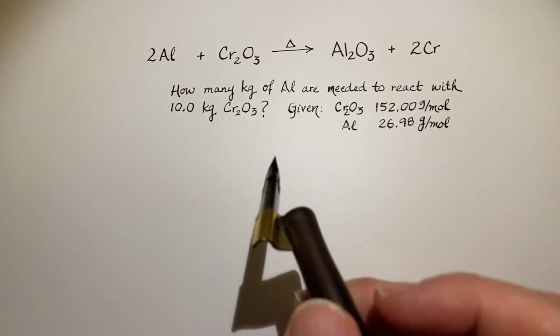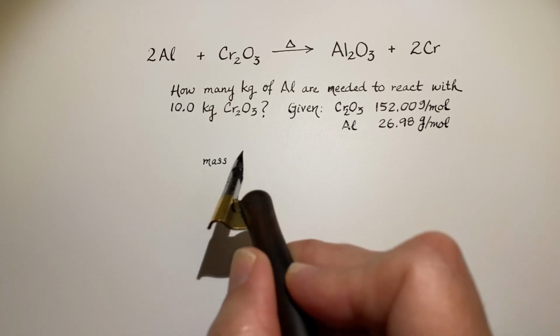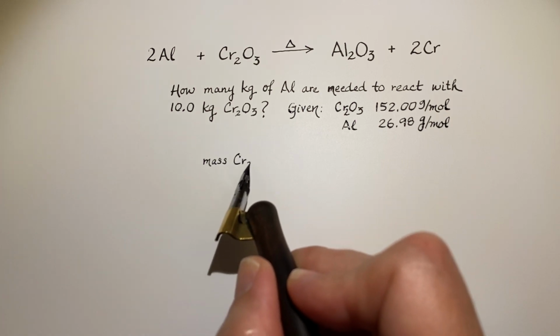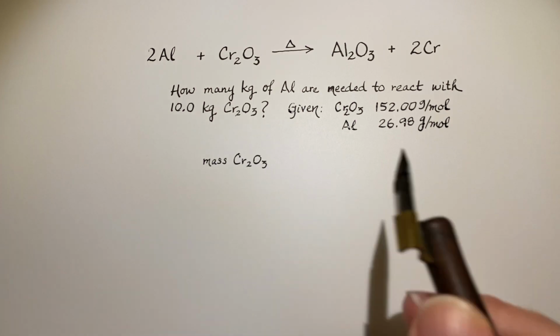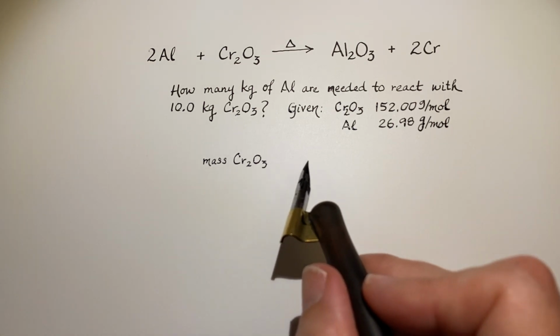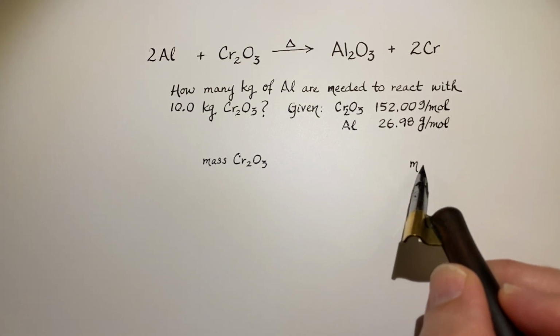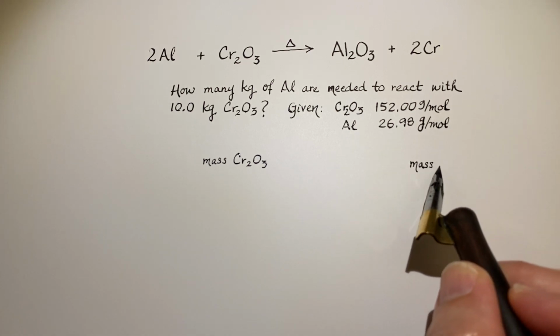We have been given the mass of chromium 3 oxide. And ultimately, where we want to end up is with mass of aluminum.